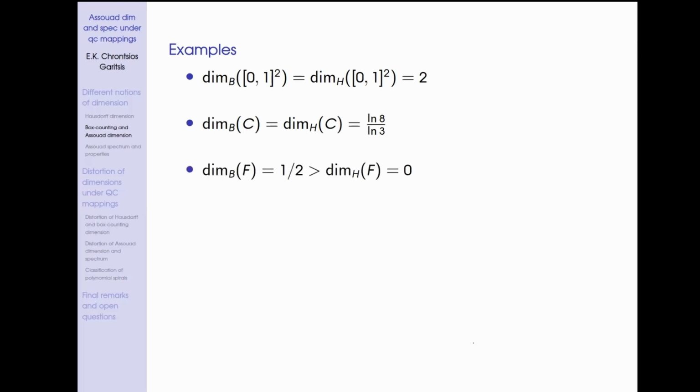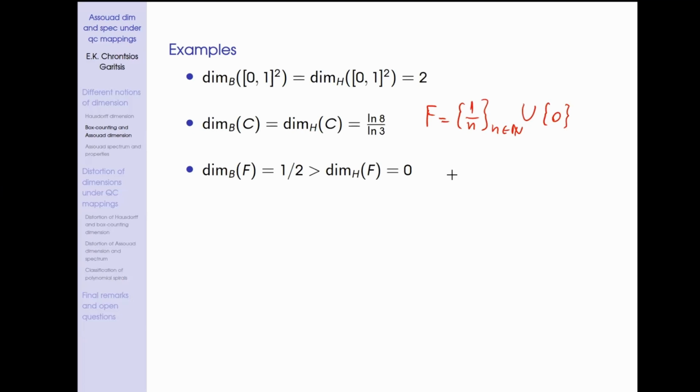Now that set we defined though, and I will write it again, 1 over n for n all natural numbers, union 0. This set now has box dimension 1 over 2. So the box dimension does not come from a measure.